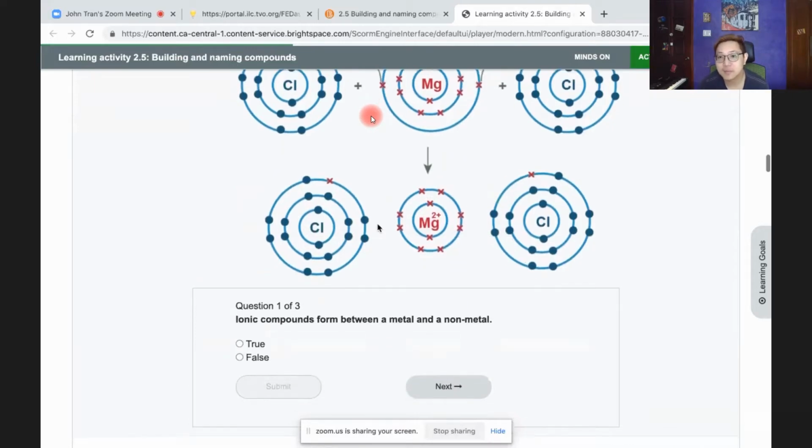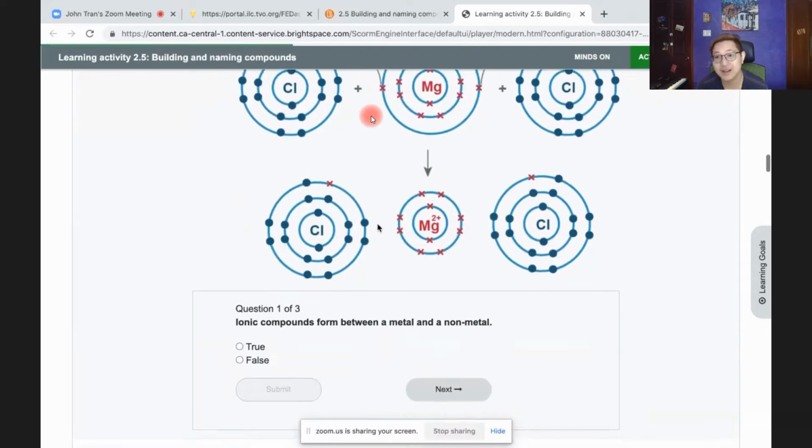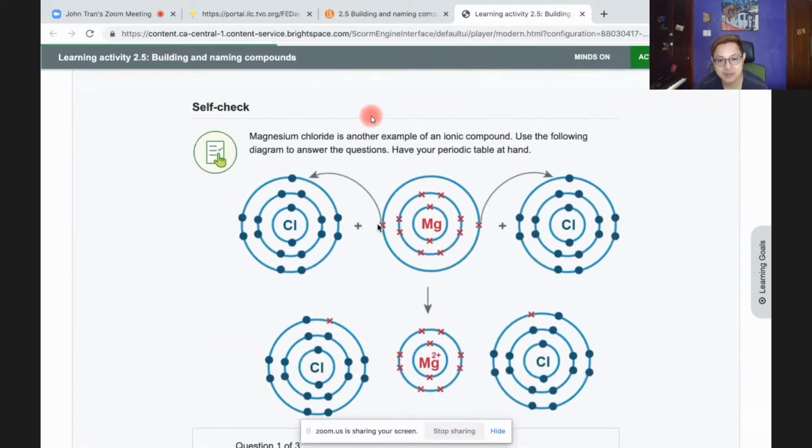So of course, positive ions, because they lost electrons before, are a bit smaller than negative ions. But not all the time. It depends on what they start with.